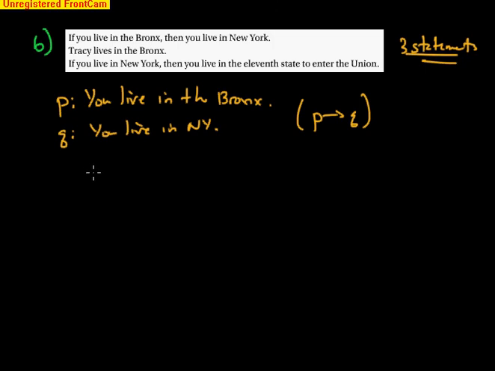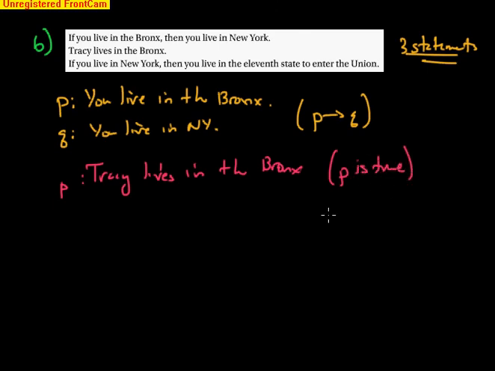It's not a conditional. Tracy lives in the Bronx. Now, does this have to do with something that's been said? Well, you live in the Bronx. Tracy lives in the Bronx. There it is. This is P. So what this is telling you is that P is true. That's what it's telling you. P is true.